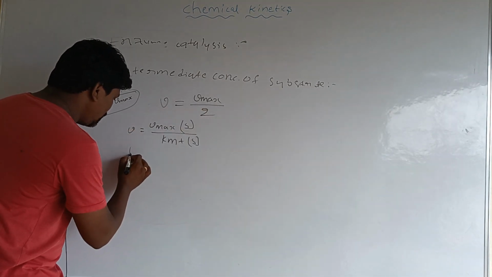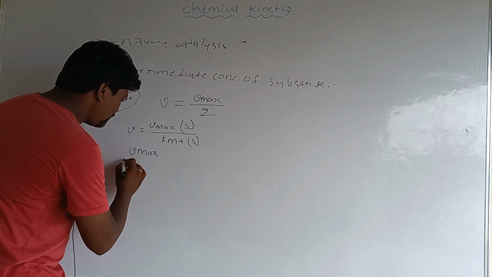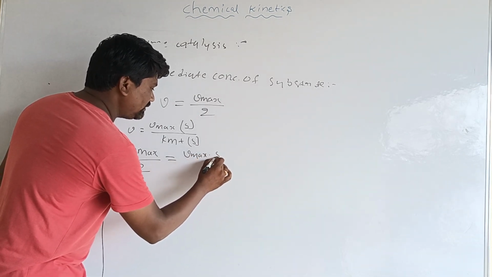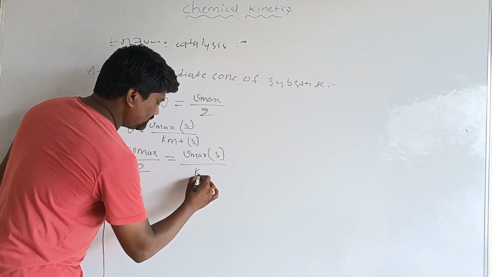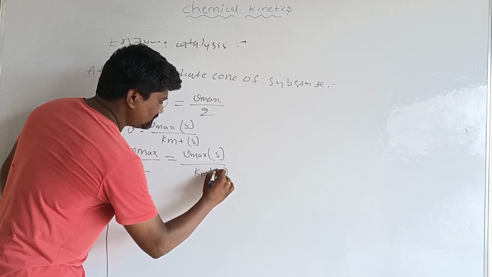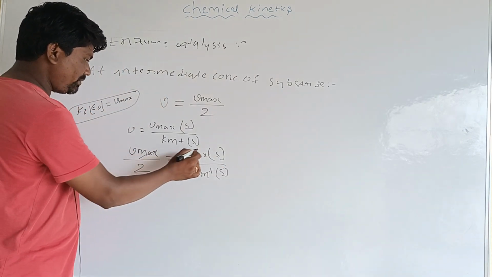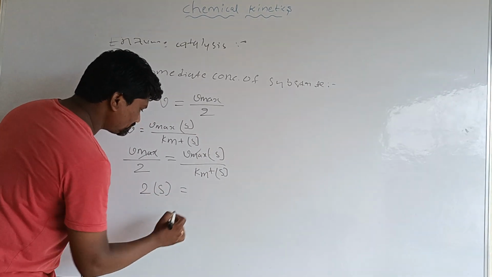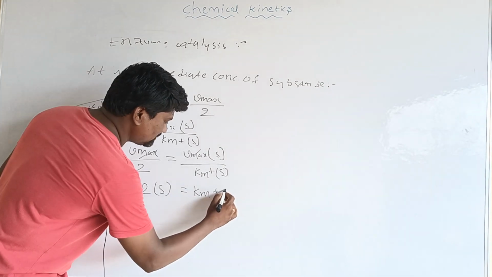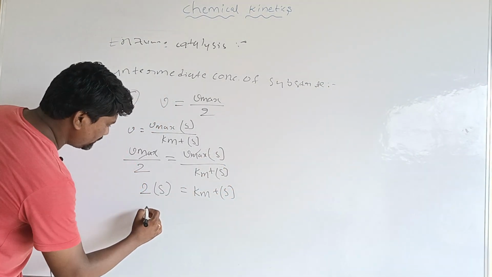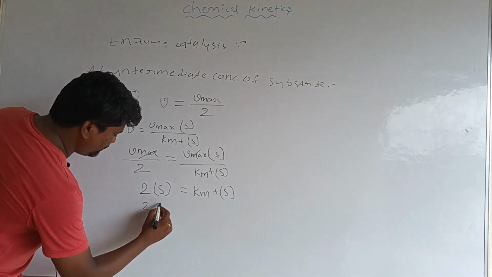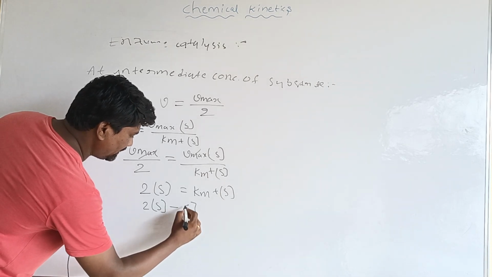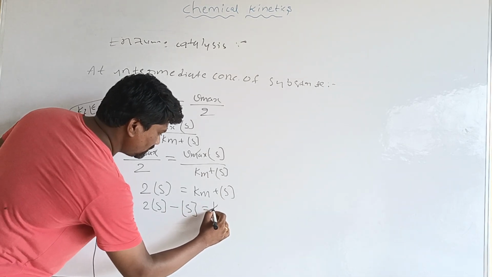Mu maximum by 2 is equal to mu maximum into substrate by Km plus S. Then mu maximum is cancelled. 2 into substrate concentration is equal to Km plus S. Here 2 into substrate concentration minus S is equal to Km.